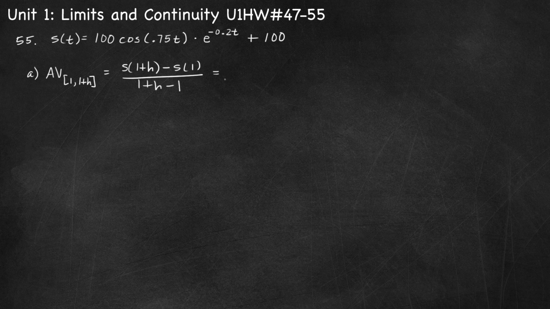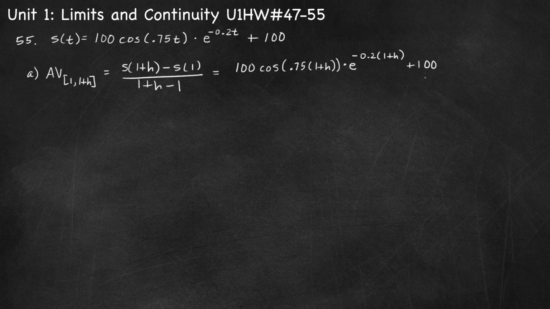So s of 1 plus h, we're going to substitute 1 plus h in for t in our equation. So 100 cosine of 0.75 times 1 plus h times e to the negative 0.2 times 1 plus h plus 100.